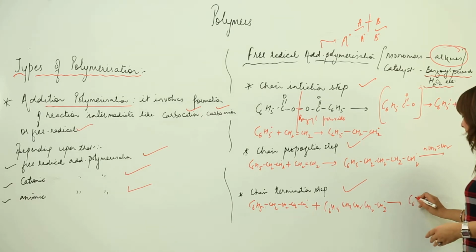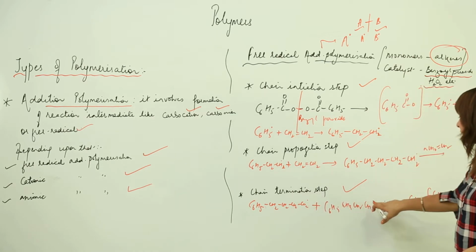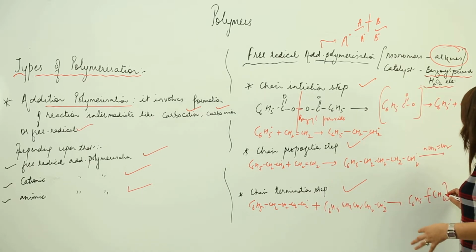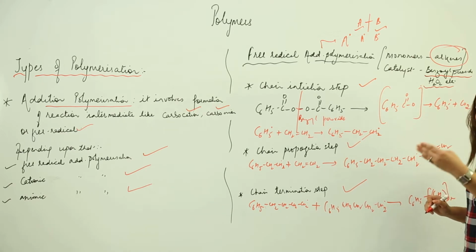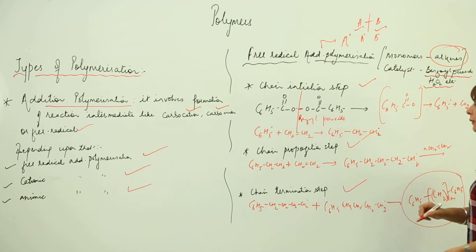As you can see, we have C6H5, then CH2 repeated many times. I am just going to club them up. I won't write the number, but n number of them will repeat, and this kind of polymer is formed.